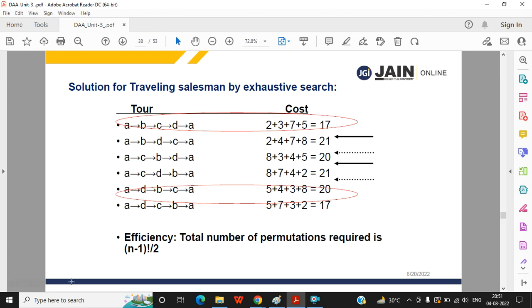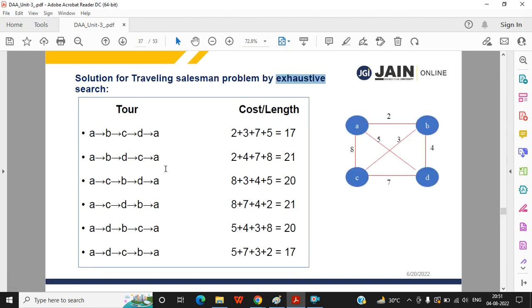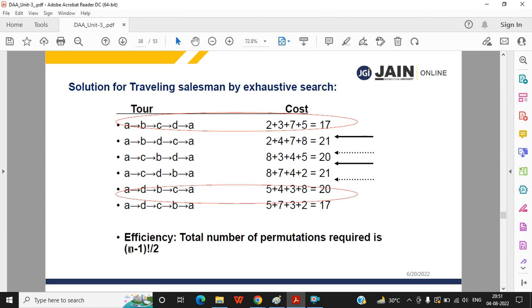Because all the options are repeating at least 2 times. Look here, how many nodes are there? It is 4: 1, 2, 3, 4. So 4 minus 1 means 3, and 3 factorial means 6.